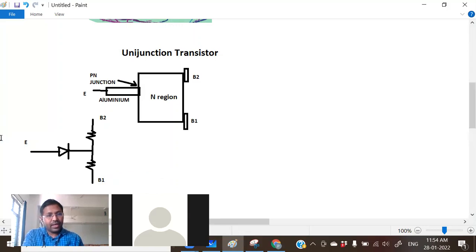Emitter, base 2, base 1, because you have a PN junction and then an N region, which you can view as resistance. We'll continue in the next class from here.